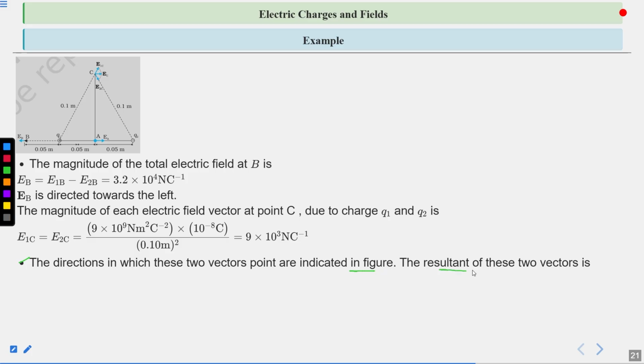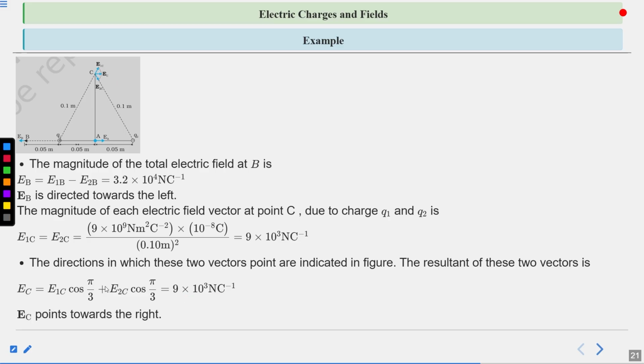The resultant of these two vectors is EC equal to E1C cos pi by 3 plus E2C cos pi by 3, equal to 9 into 10 raised to the power 3 Newton per coulomb. So EC is the net electric field. EC points towards right. I hope this is clear.